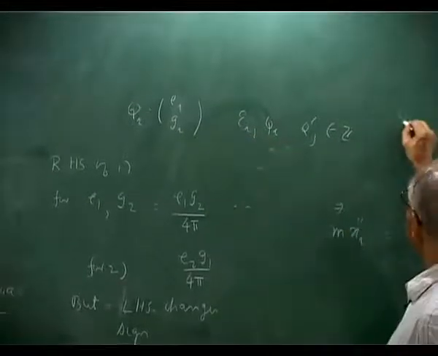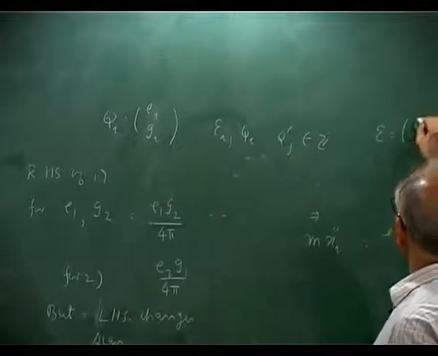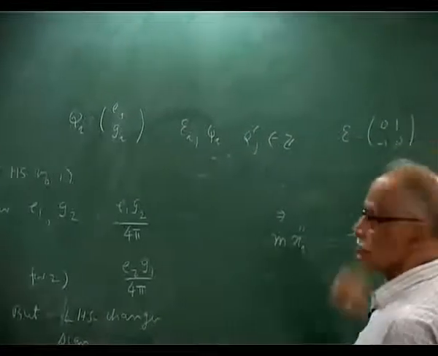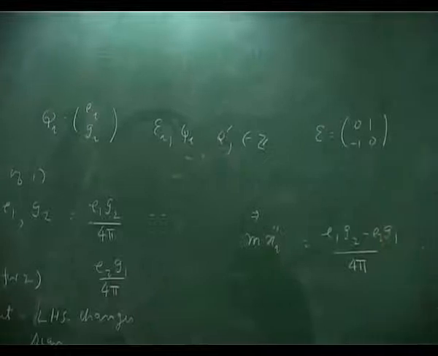It is epsilon is 0 1 minus 1 0, right. This is what we are finding.